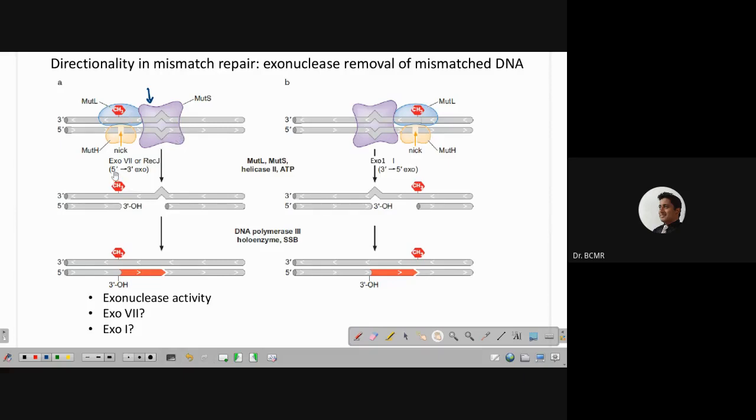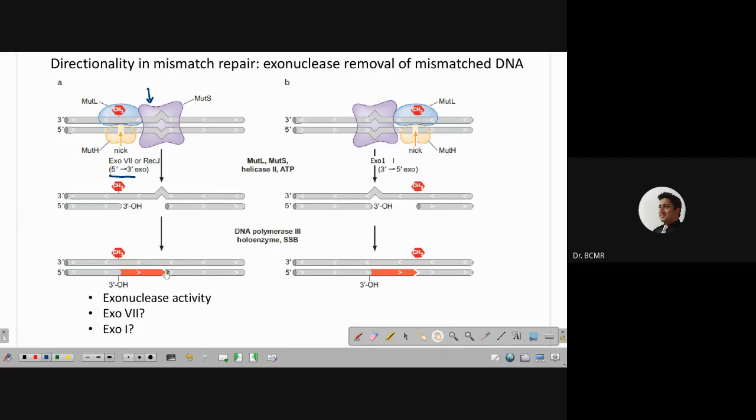So there is Exo VII or RecJ, they call it, which has a 5' to 3' exonuclease activity. It will chop off the DNA until about here. Then DNA polymerase will come and correct it, and then ligation will happen.